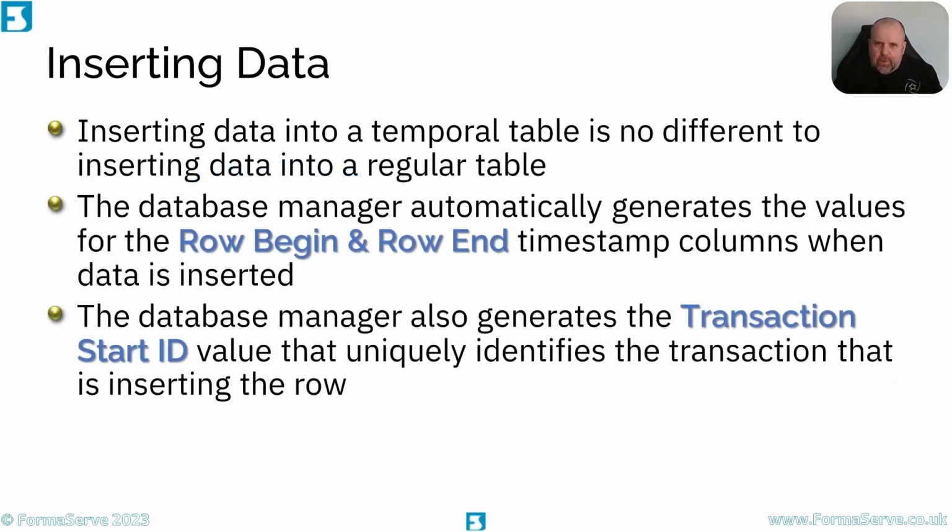Inserting data into a temporal is no different than it is to a regular table or physical file. The database manager automatically generates the columns for the row end and the row begin, and it also generates the transaction start ID that uniquely identifies the transaction that is inserting into the row.